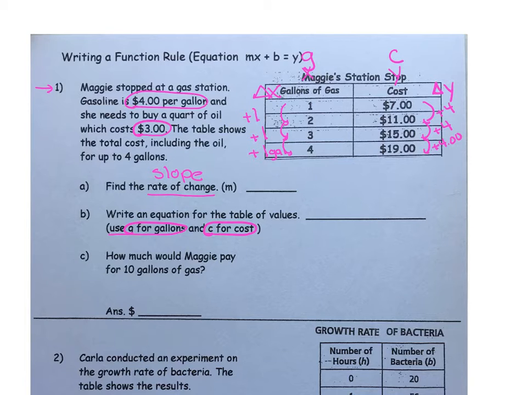So our rate of change, or our slope, is $4 per every 1 gallon of gasoline. Now when we divide, we get 4.